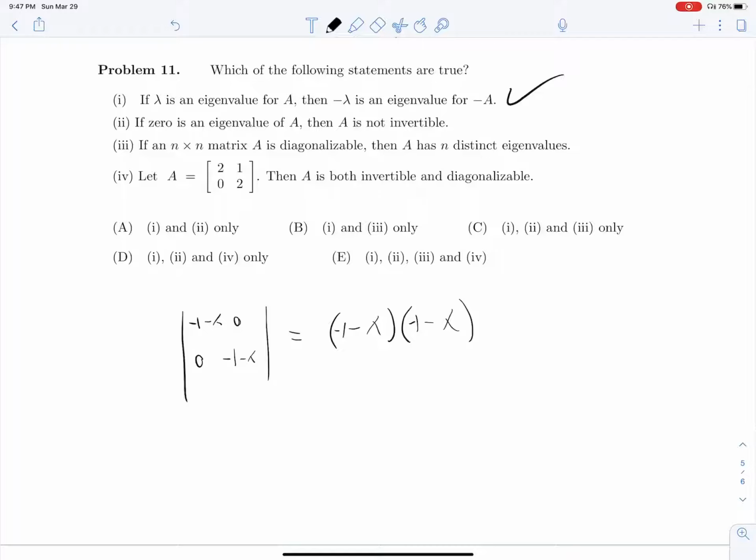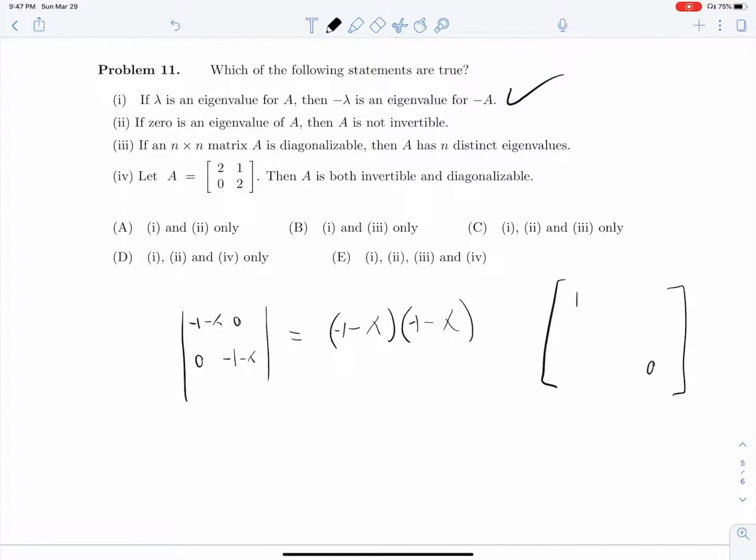Option 2: if 0 is an eigenvalue for A, then A is not invertible. Well, having 0 as an eigenvalue for A, we can think about that in the context of an upper triangular matrix, just to have it make a little bit more sense. Let's just stick in 2D.